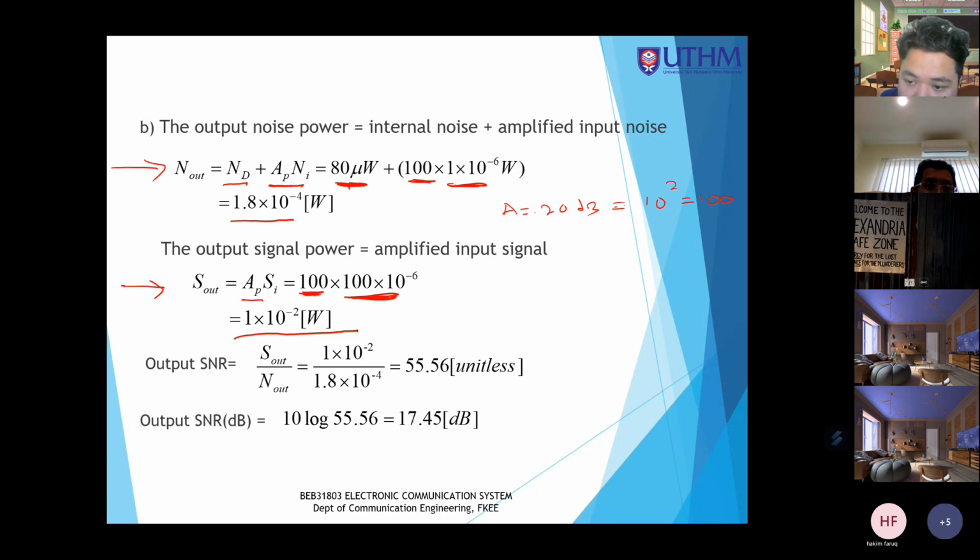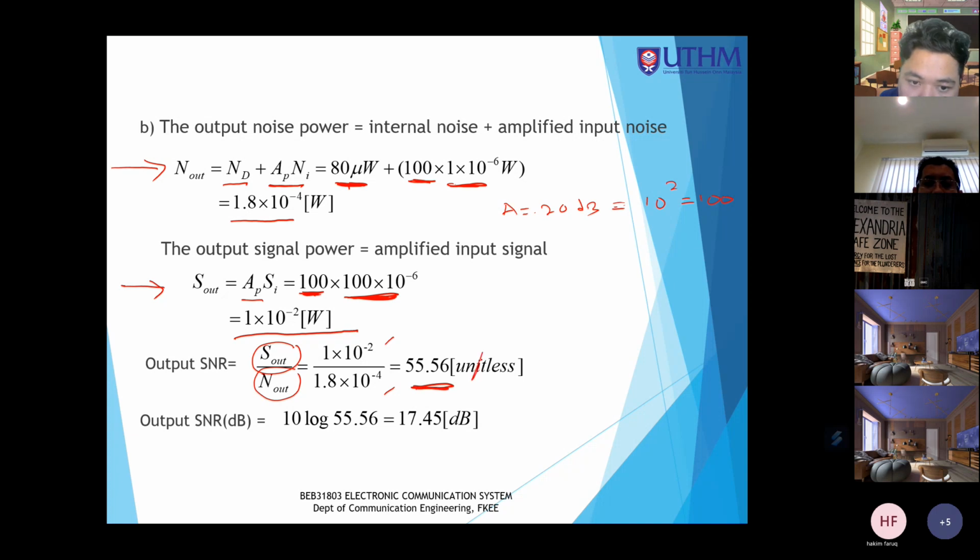Okay, so now we get S out, we get the N out. So therefore, we can calculate the output SNR. So output SNR is equal to S out divided with N out. So we get 1 times 10 power of minus 2 divided with 1.8 times 10 power of minus 4. So we get 55.56.